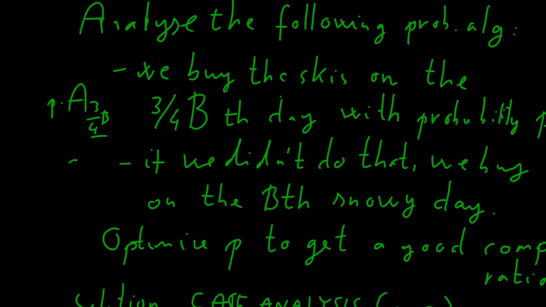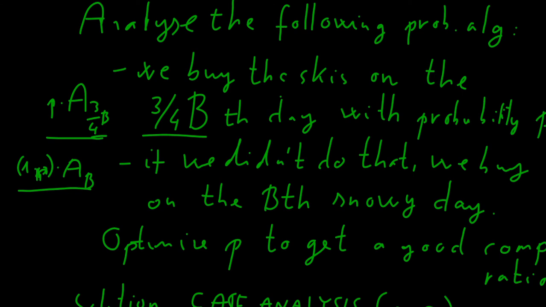Or you are just running a b with a probability of 1 minus p. It's the same. So it doesn't really matter that you decide only on this day whether to buy or not, or you are deciding in advance, and with a probability of p you are just running this algorithm, and with a probability of 1 minus p you are just running this algorithm.